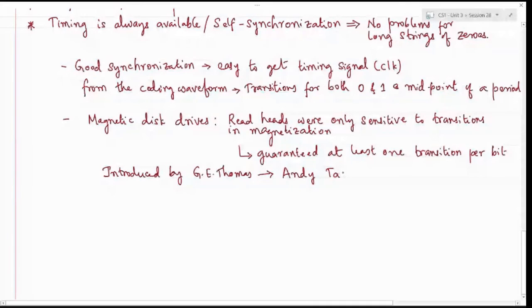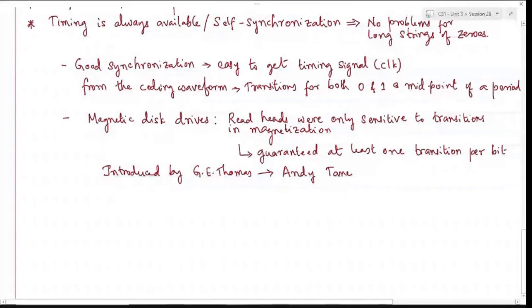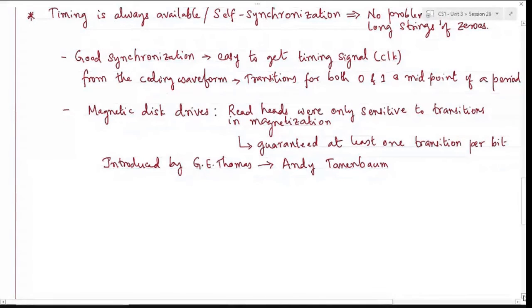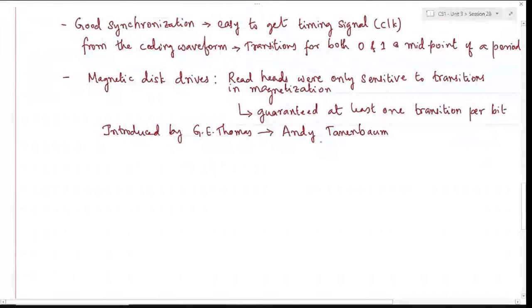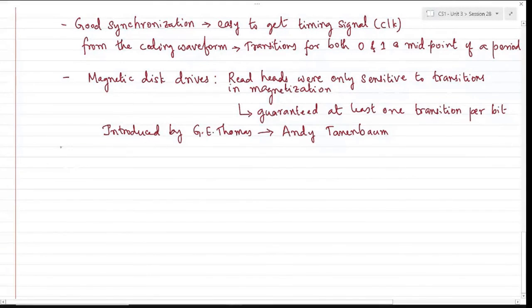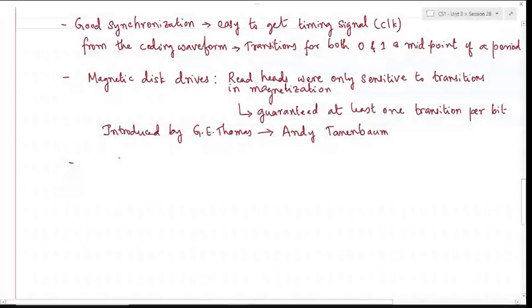Okay, so he is one of the famous authors of your computer communication network course, which you will be studying in your next semester, written by Andy Tenenbaum himself, and later revised by several other authors. But he was known for the improvement of this Manchester coding, and hence there was a significant contribution from his side. Okay, so this is the origin of this kind of line coding scheme.